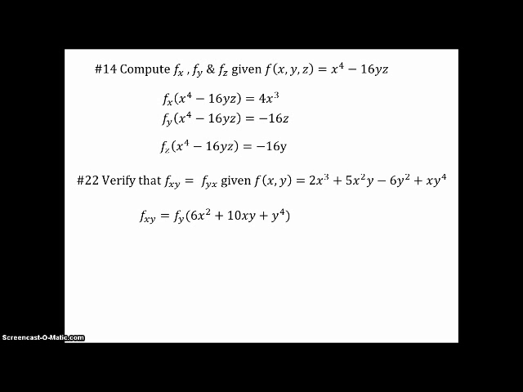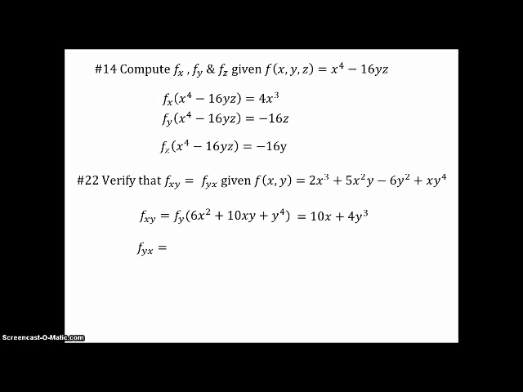And then in the last term, y to the 4th is treated as a constant times x, and so we get y to the 4th. Now we're going to apply the partial derivative with respect to y to get our second derivative. And so the 6x squared goes to 0, and the 10xy, 10x is considered the coefficient of y, so we get that. And then the derivative of y to the 4th is 4y cubed.